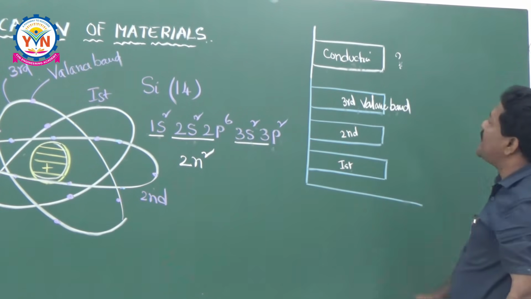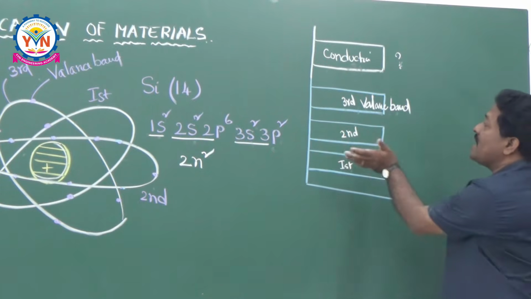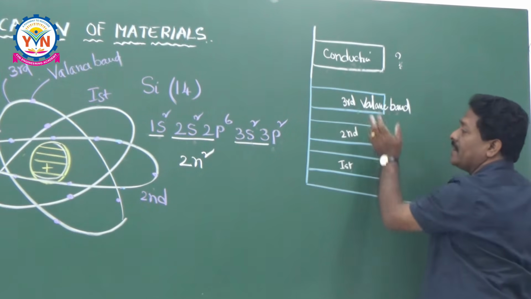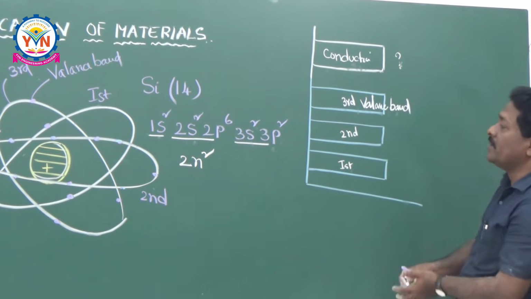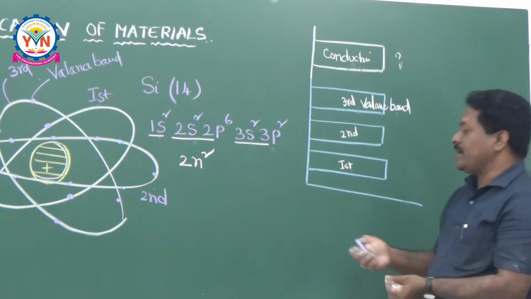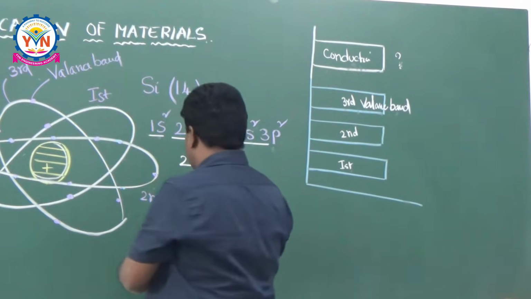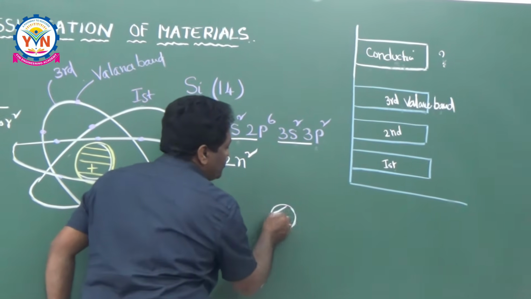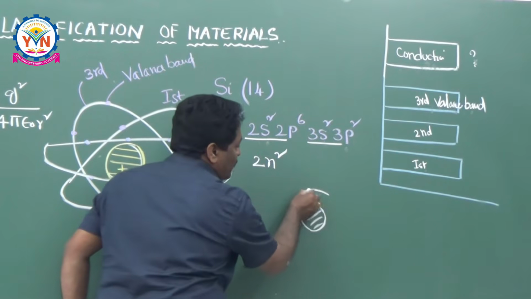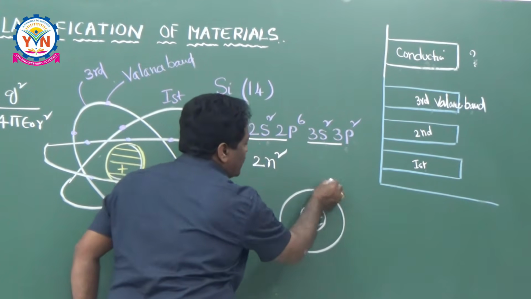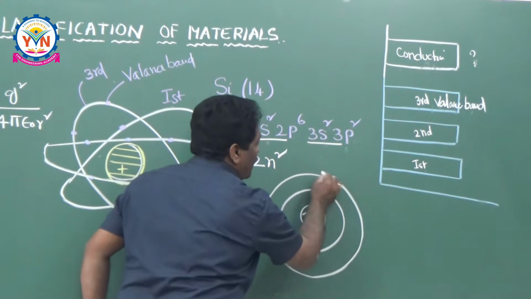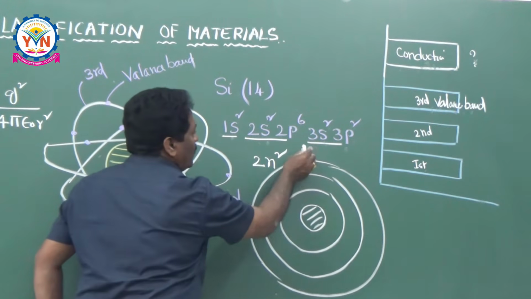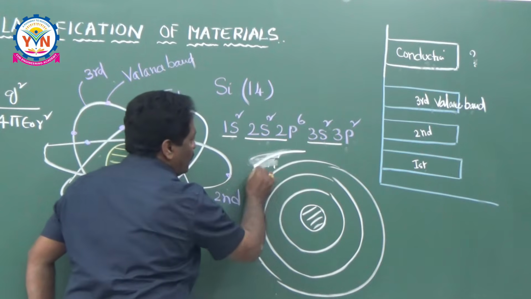Now, conduction band is a higher energy level band. Let me give an example. Suppose you have a central nucleus. This is the nucleus, this is the first orbit, the second orbit, the third orbit, and one more, the fourth orbit.